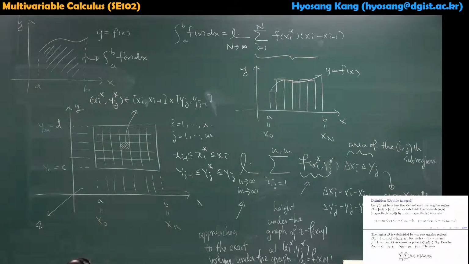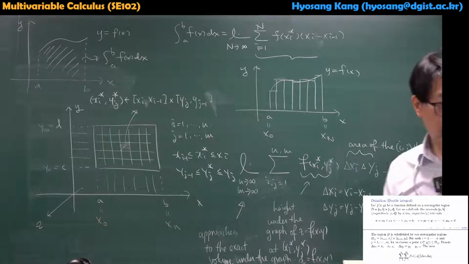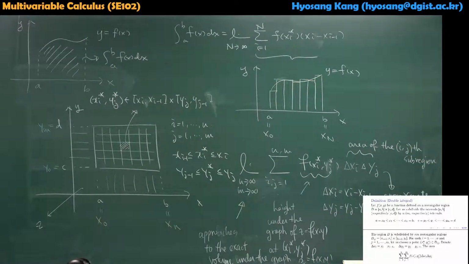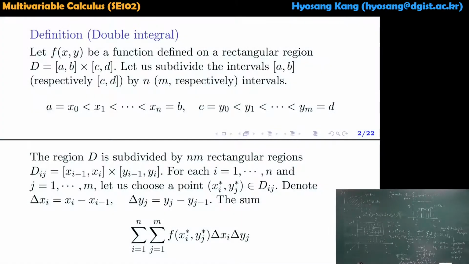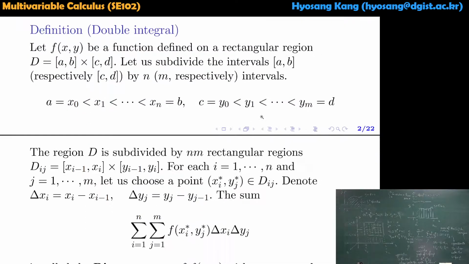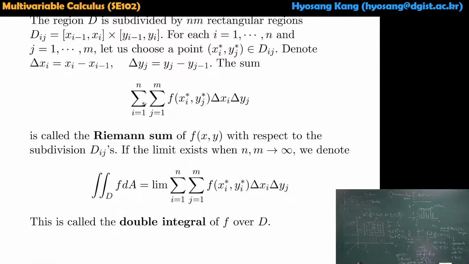So this is the idea of the double integral of a two variable function. So in the slide, let me go back to the slide and read through what I wrote here. So we had subintervals and we have subregions, and here we take the Riemann sum.